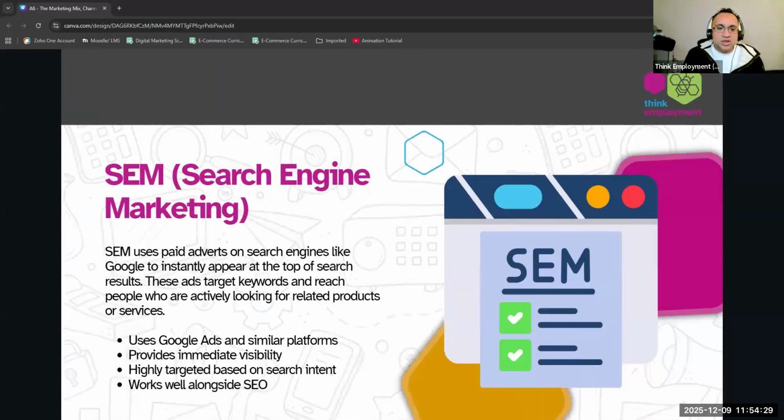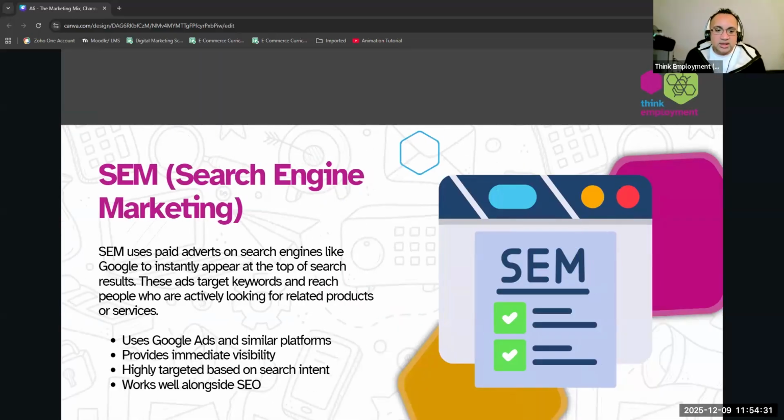Search engine marketing, okay, this is where you're using paid adverts on search engines like Google. So Google has, in their list of results, you could pay to be at the top, for example. So Google Ads provides you immediate visibility. It's highly targeted based on search intent. So looking at keywords, what people are typing, it works well alongside SEO.